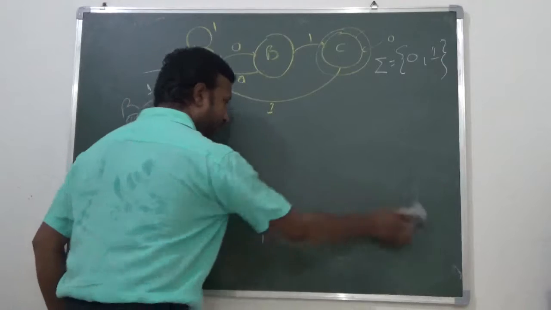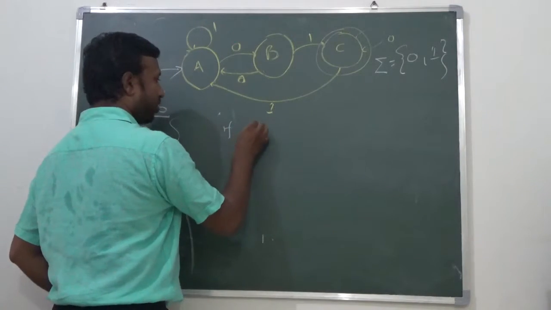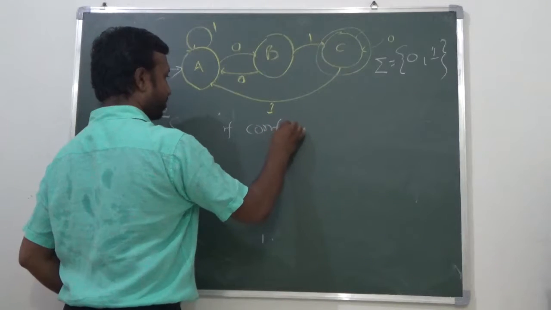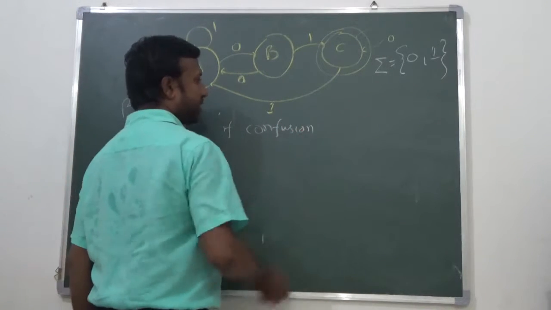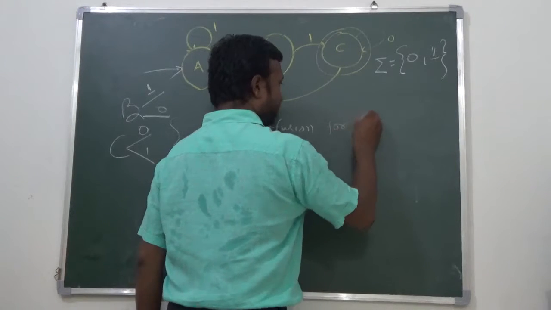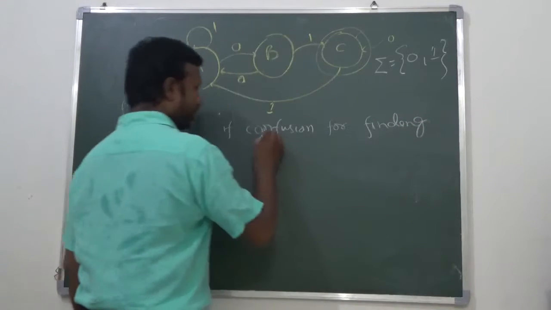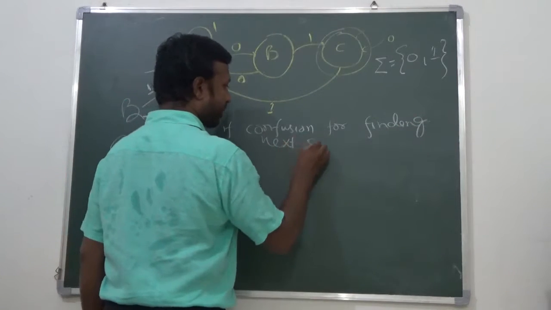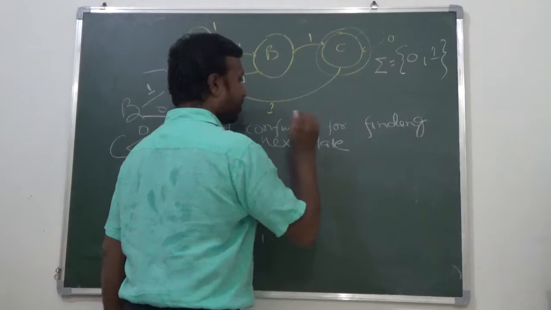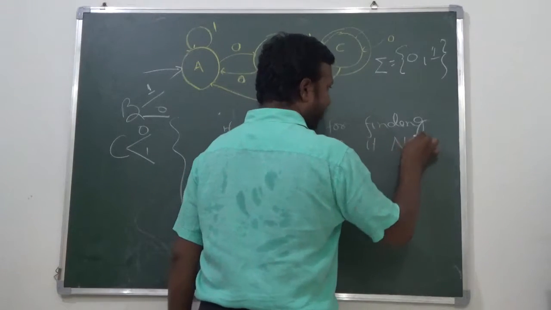So the basic idea is, if there is confusion in finding the next state, we say it is NFA.